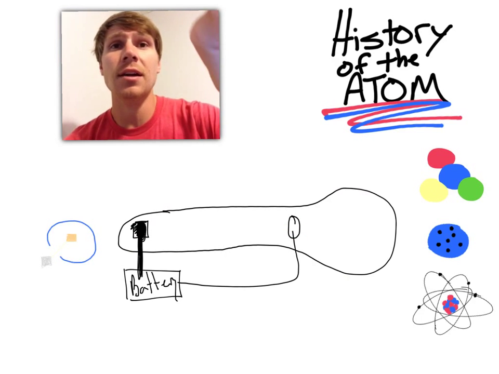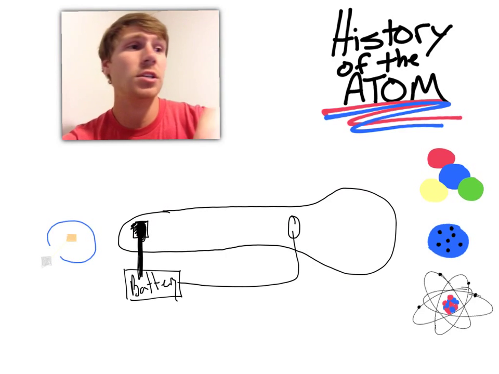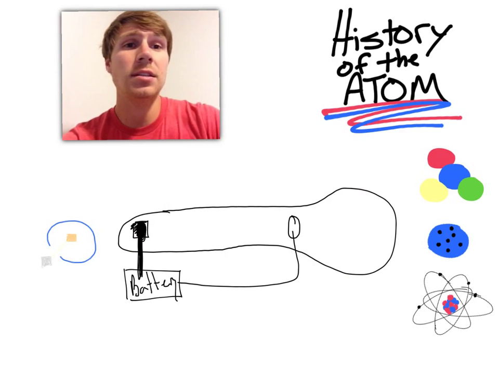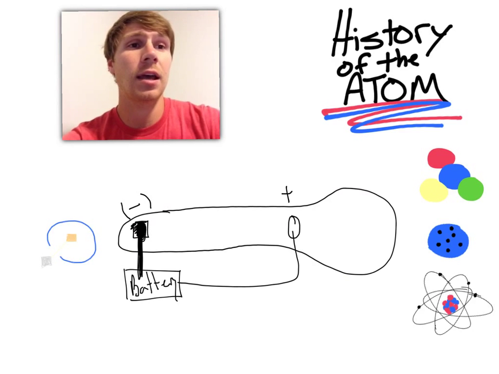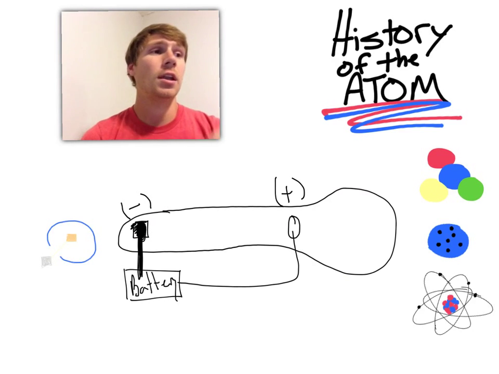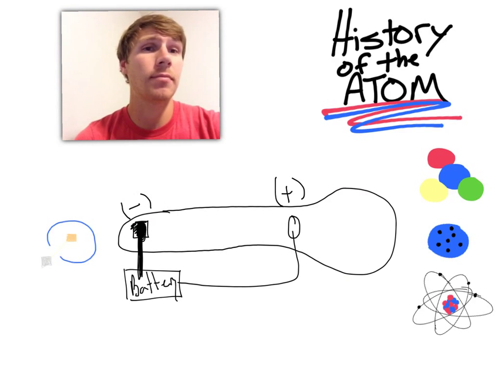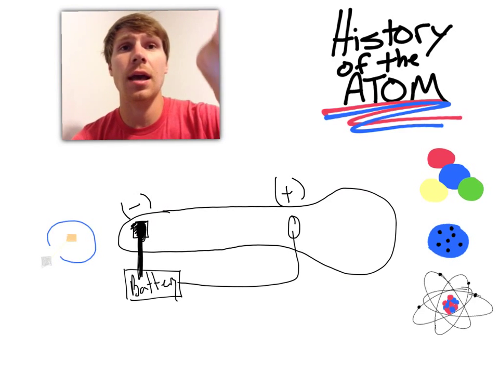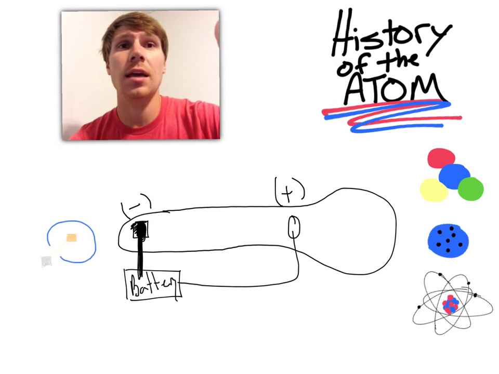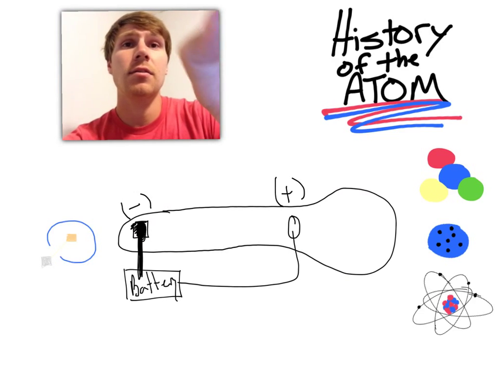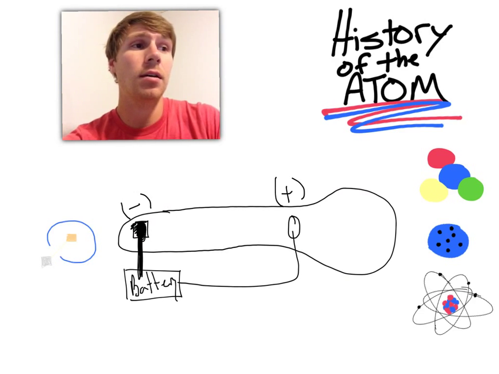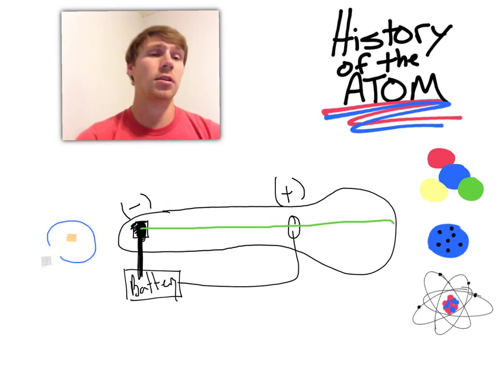These have charges on them: the cathode has a negative charge, and the anode has a positive charge. When we hooked them up to a battery, we started to see essentially a beam of light that went from the cathode to the anode and straight across.